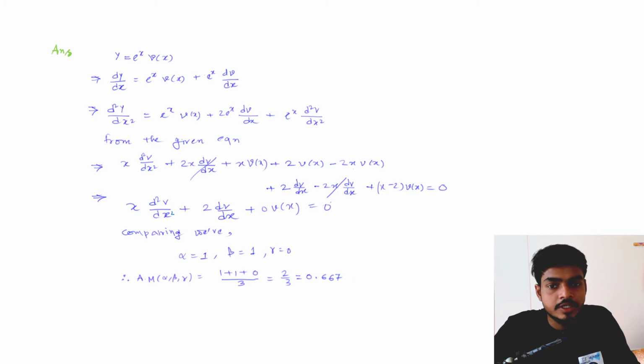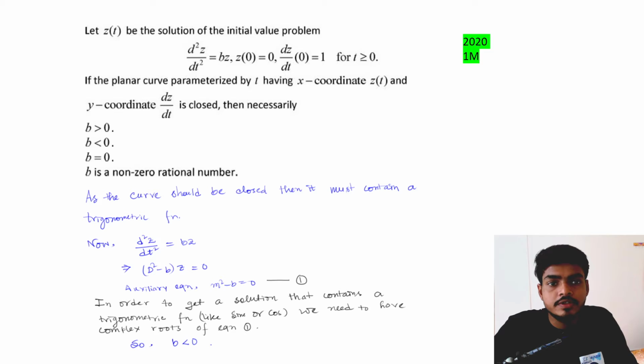Okay, that's it. Next question is from 2020. You don't need to actually solve the differential equation. You can get an idea about the nature of b by simply using some concepts.